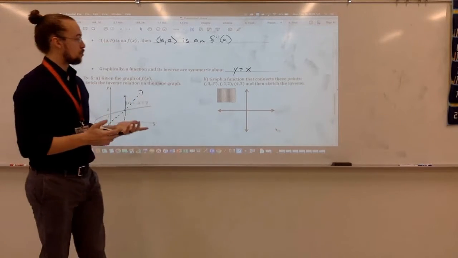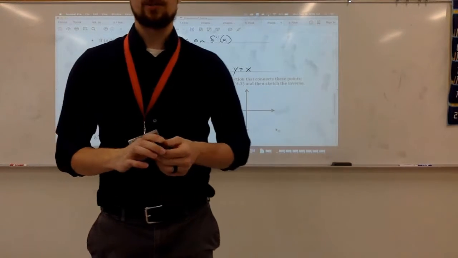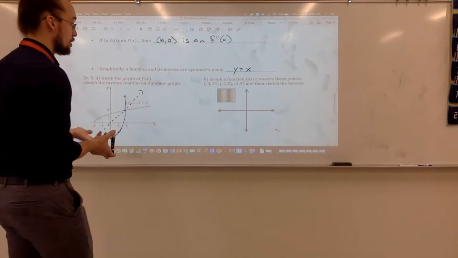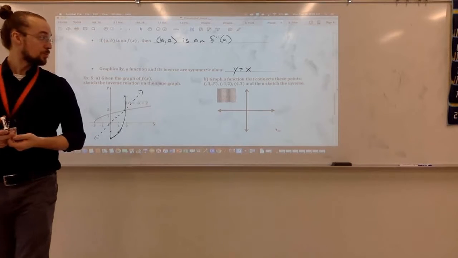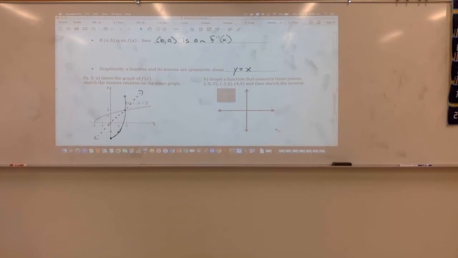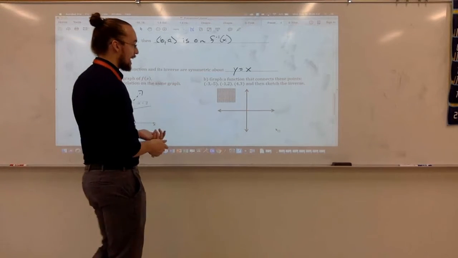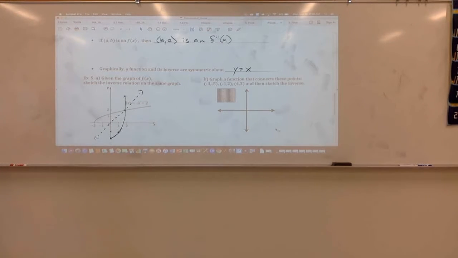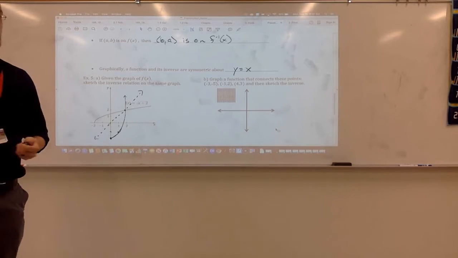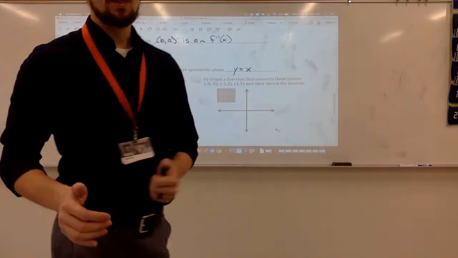All right, so why don't you guys real quick try this next one here. Okay, so it says we've got these 3 points on our original function. Okay, so graph some function. You may have different pictures here. Right? It just says graph some function that connects these points, and then sketch the inverse of what you just graphed. Okay, so plot those 3 points, connect them somehow, any way you want, and then sketch the inverse.